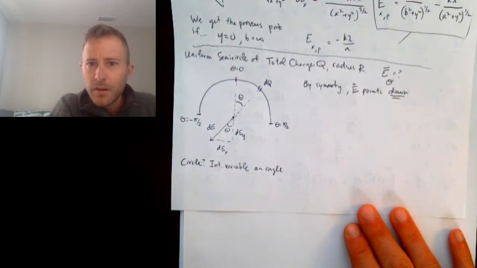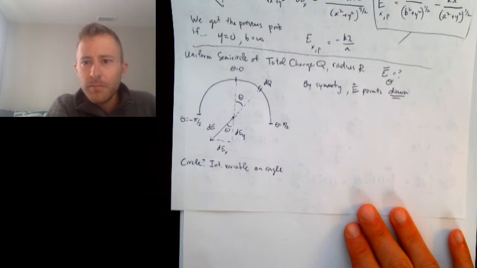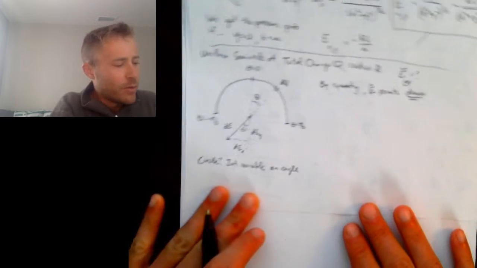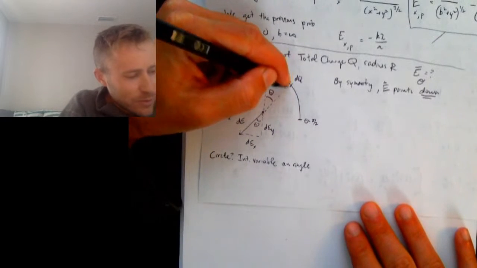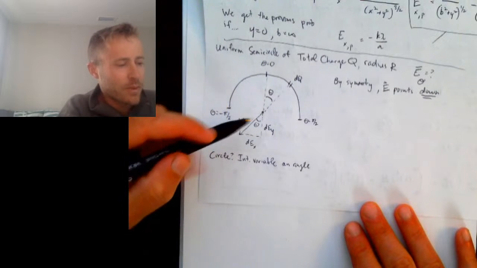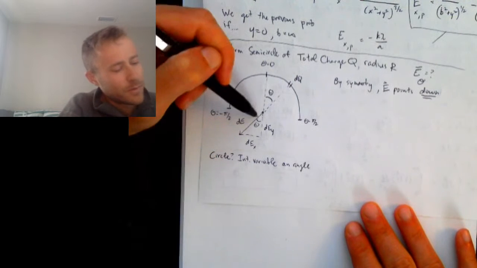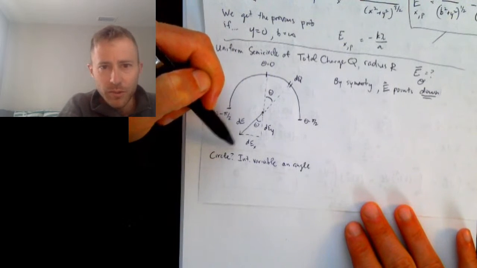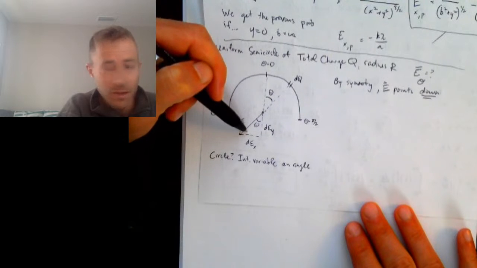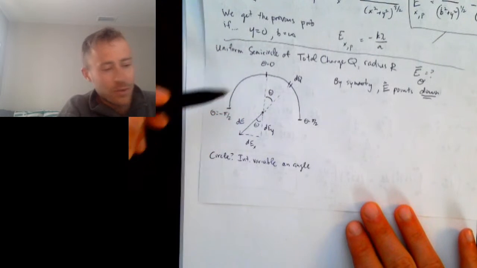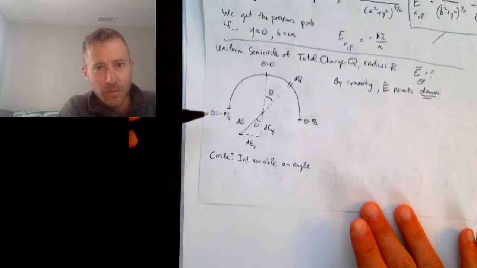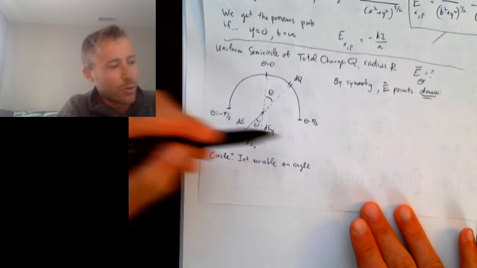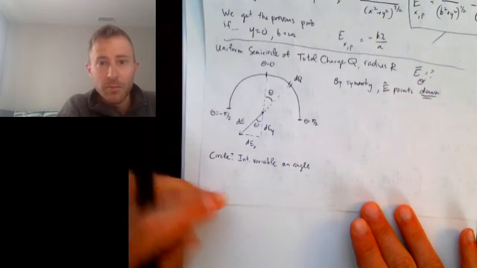Okay? Why is that? Well, even though this infinitesimal piece of charge creates an electric field that points away from it, this does not point down. If we sum up all of these infinitesimal points of charge, we're going to get a total result that points downward.